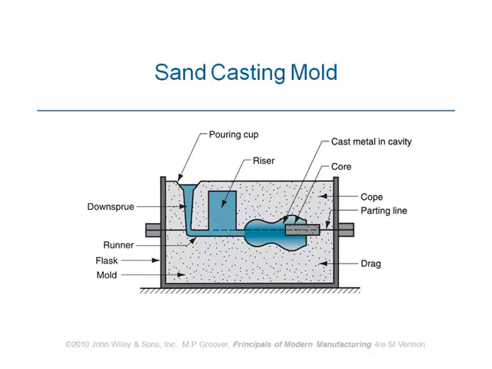As you see, we've got the pouring cup up here, and we've got the down sprue. The down sprue has got a conical shape, with a larger cross-sectional area on the top and a smaller one at the bottom. Reason, this helps lower turbulence when we are filling in the cavity. And then molten material flows into the runner and gating mechanism.